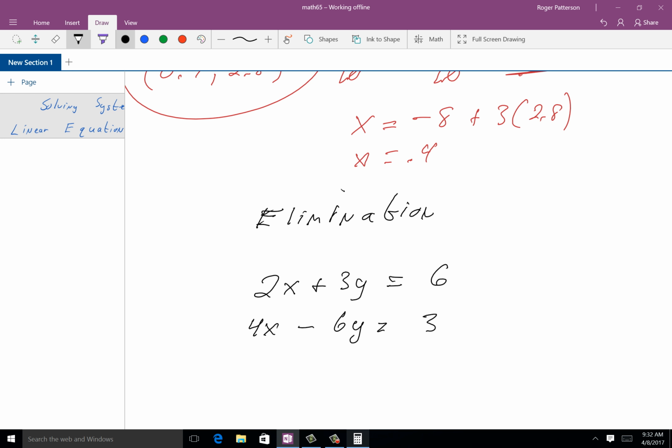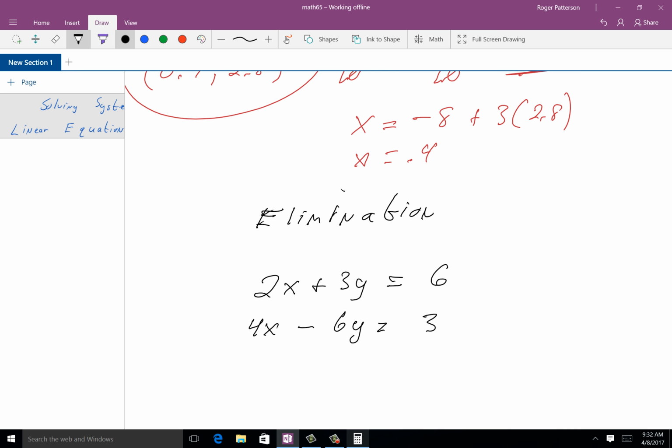So using substitution isn't very nice. It just doesn't work out as well. So elimination is what we're going to use. The whole idea behind that is to take these two equations and perform operations on them to eliminate a variable. So that's why it's called elimination, because you want to eliminate one of the variables. Okay, that's the whole idea. So we want to get rid of it. We can do that by performing operations on these equations.